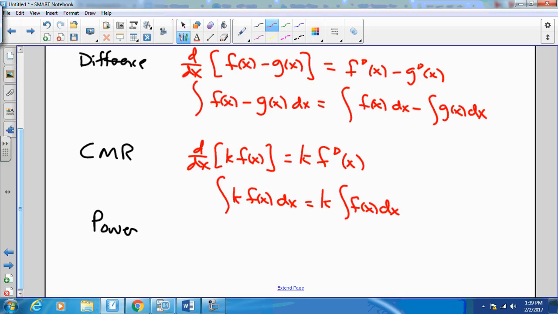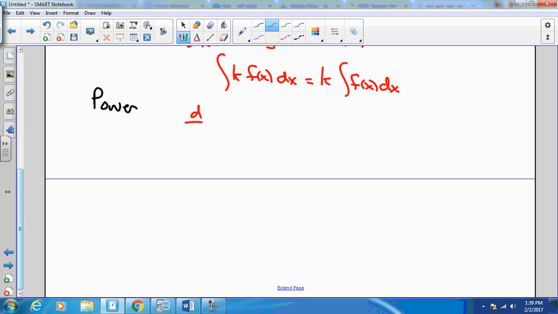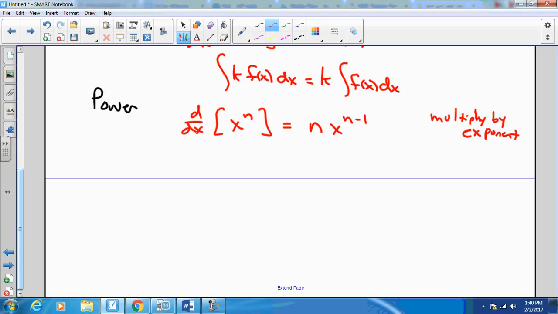And finally, the power rule. Let's examine the power rule for derivatives in detail. Recall that the power rule for derivatives is first multiply by the exponent and then subtract 1 from the exponent. So multiply by the exponent, then decrease the exponent by 1.